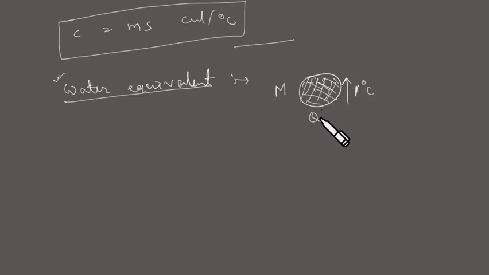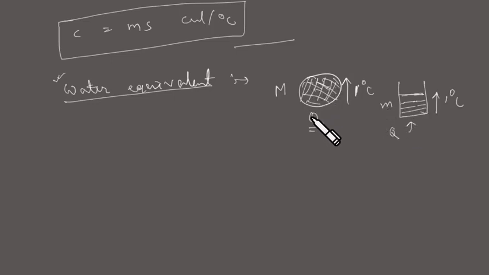Now, if we take some amount of water and apply the same amount of heat Q to that water, such that the temperature of this water also increases by 1 degree Celsius, then the mass of this water is called the water equivalent. If the mass is small m, then this small m is called the water equivalent of this body.